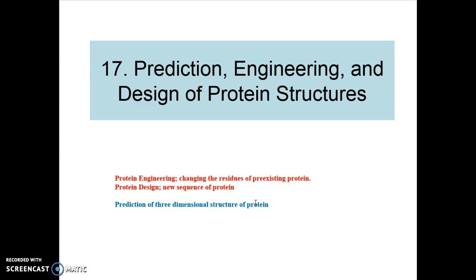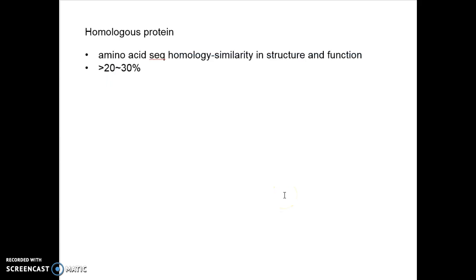So we may start with the prediction of secondary and tertiary structure of some simple cases, which will be homologous proteins. What are homologous proteins? Basically, those proteins may evolve from a common ancestor gene.